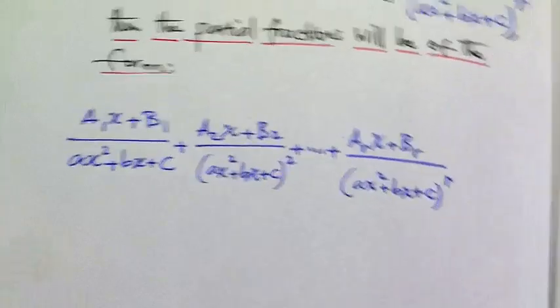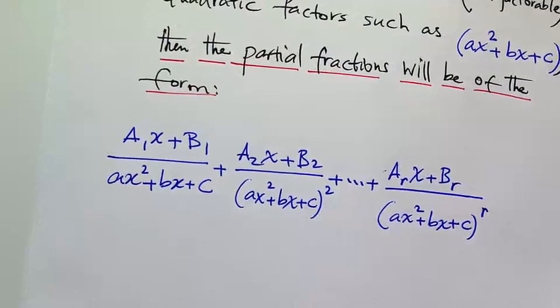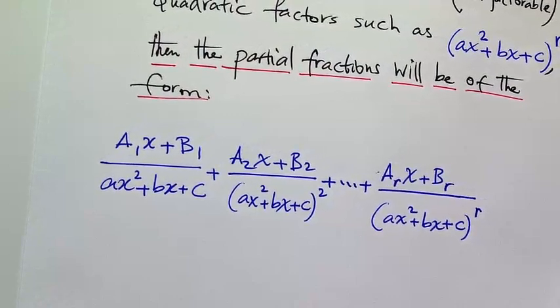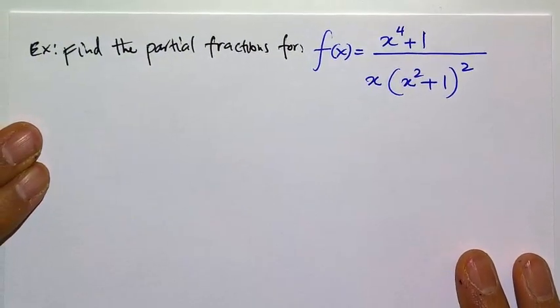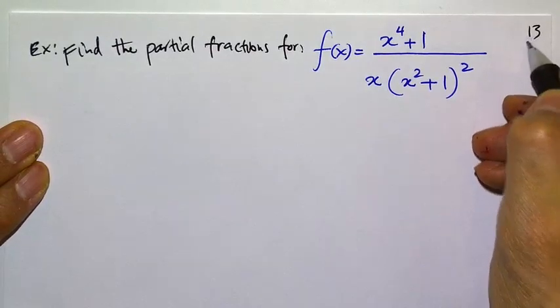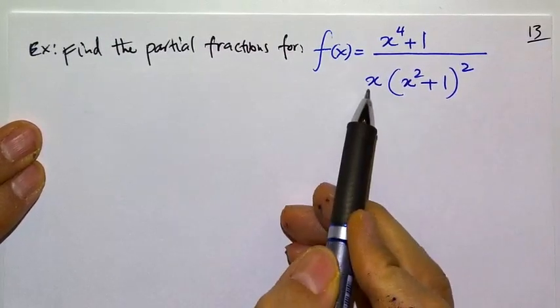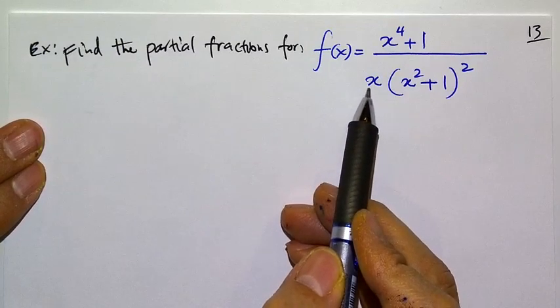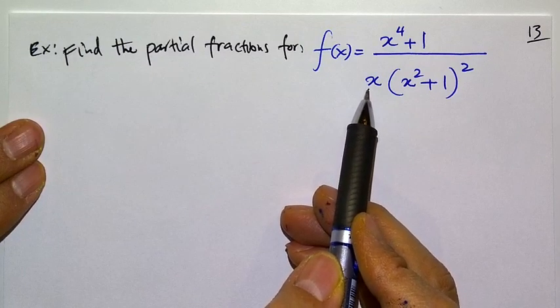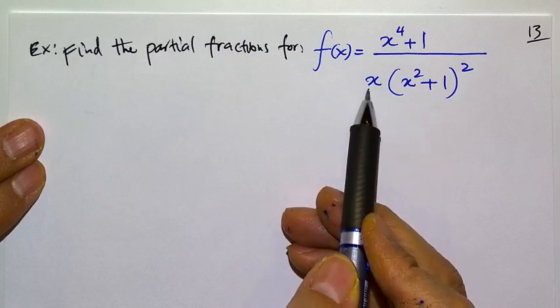Okay. All right, so let's see an example of this kind. Like that. So you see right away that this is a linear factor, right? This falls in the category of case 1 or case 2. Case 1, actually.